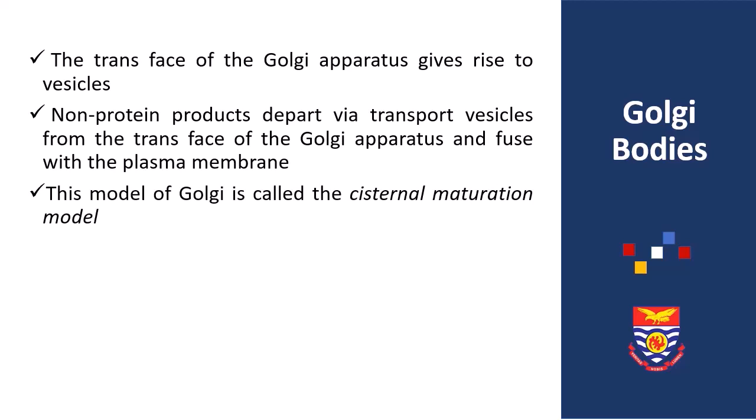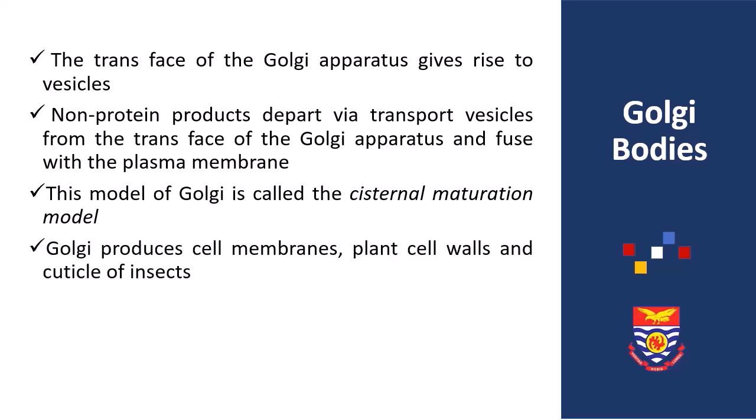This model of the Golgi is referred to as the cisternal maturation model, and it postulates that secretory vesicles that travel in the cisternal compartment slowly mature from the cis face of the Golgi to the trans face of the Golgi.